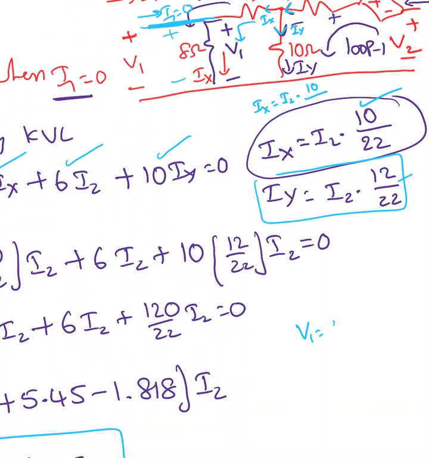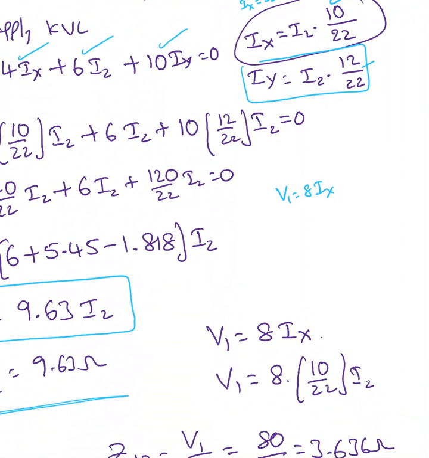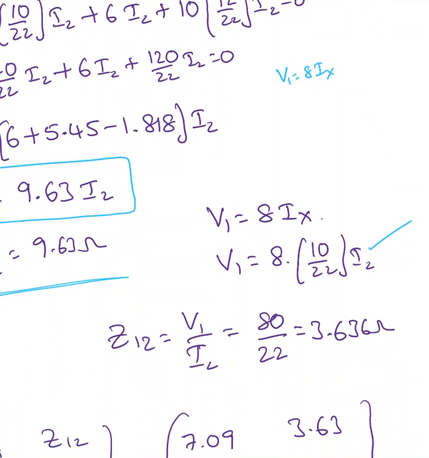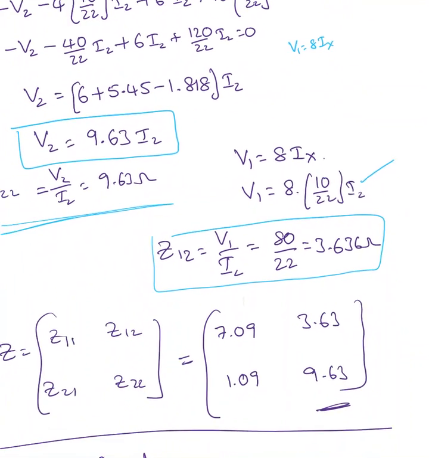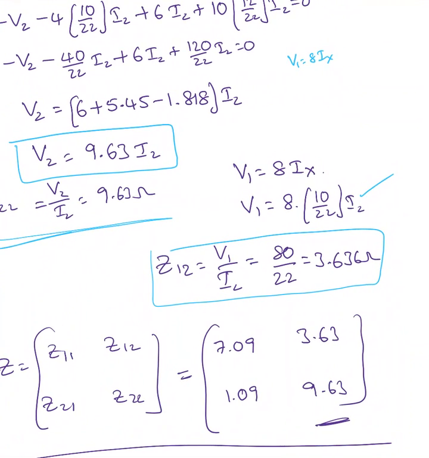So V1 equal to 8 Ix. I already know the Ix value from the previous case. I substituted that and found Z12 equal to V1 over I2, which is 80 divided by 22, 3.63. So these are my Z parameters. Thank you.